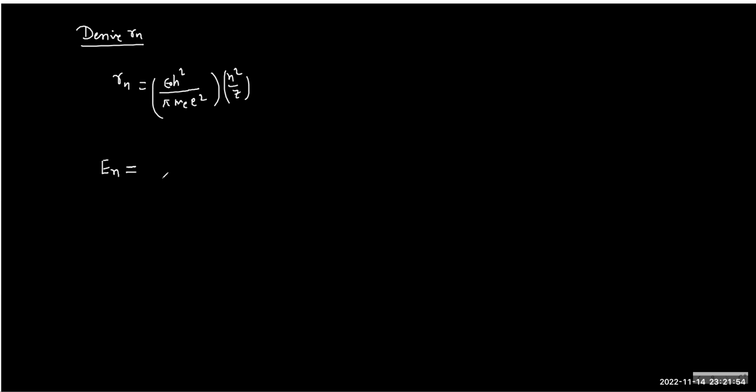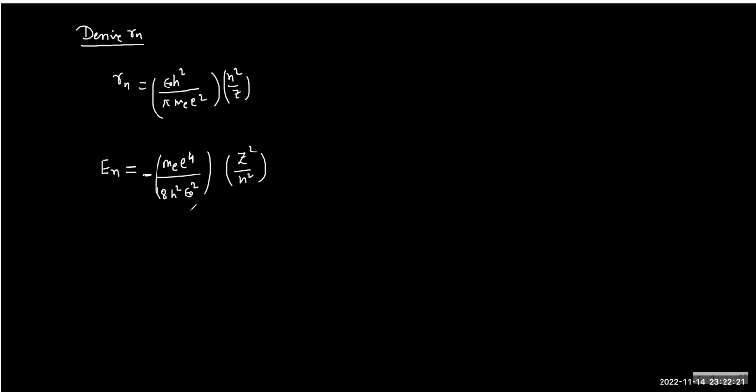It is m e raised to 4 by 8 h square epsilon naught square into Z square by n square, with a minus sign.